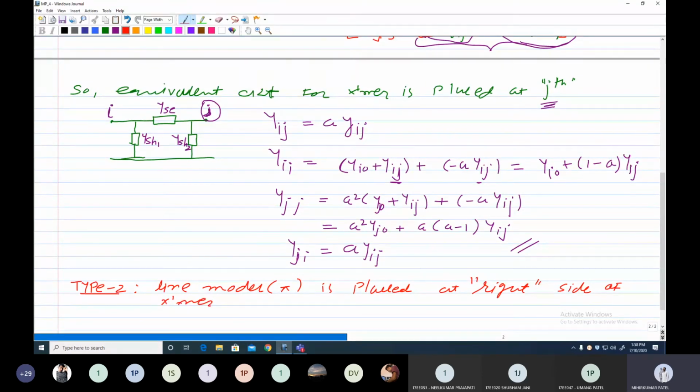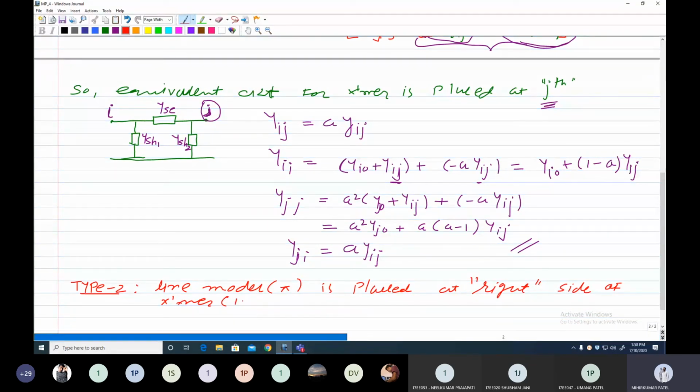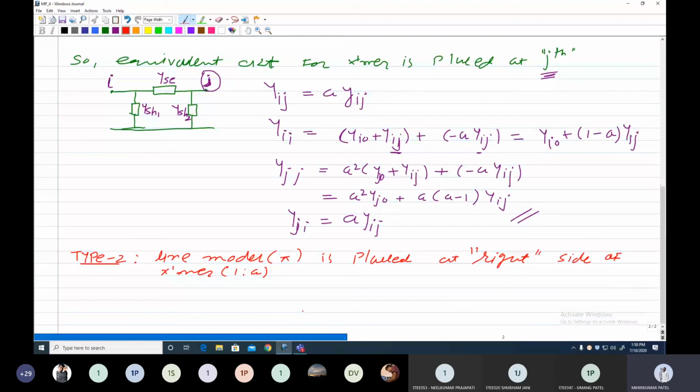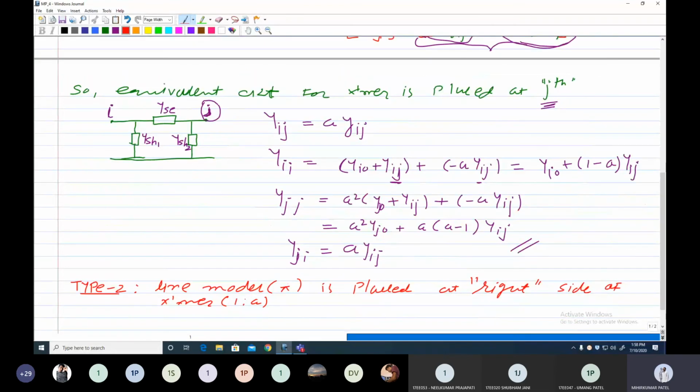So what is the change? Change in transformation ratio now. Previously it is M1 or A:1. Now it is 1:A. Then next, what is the change in the diagram? Let me draw it again.